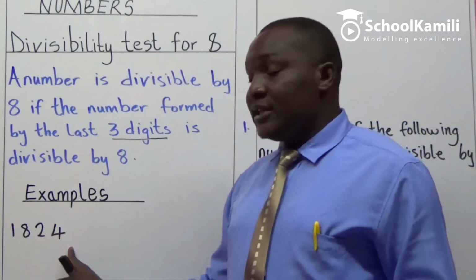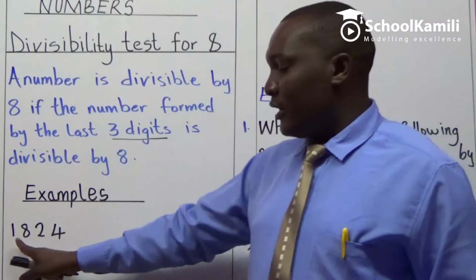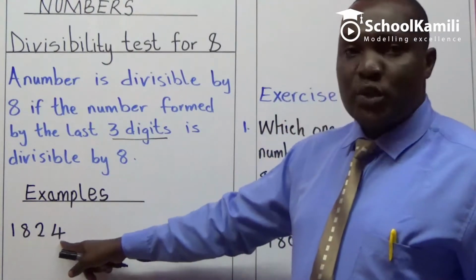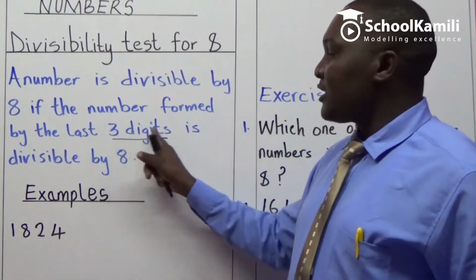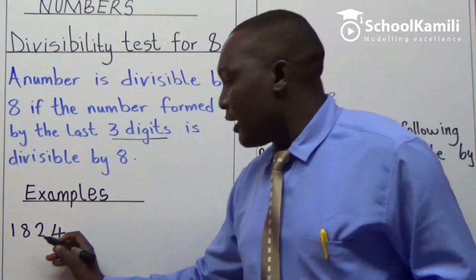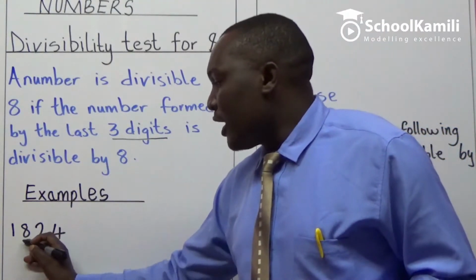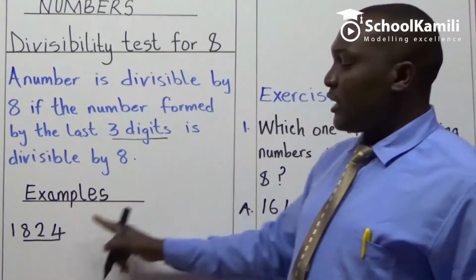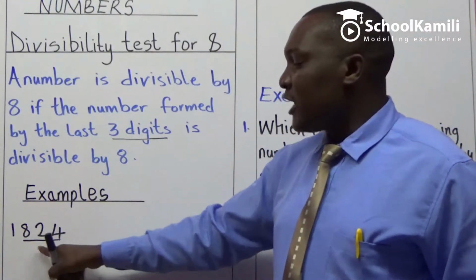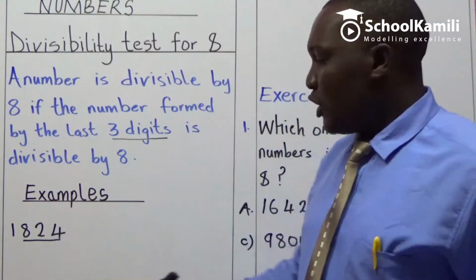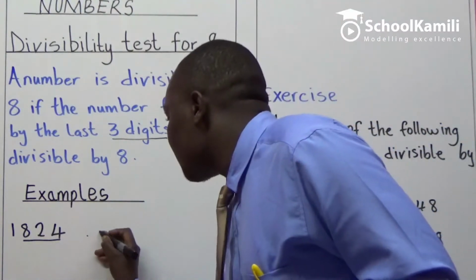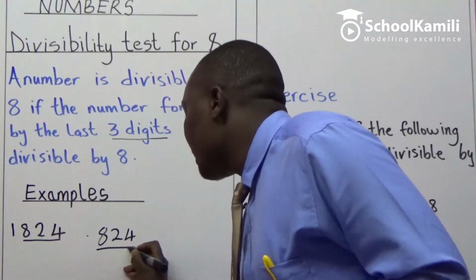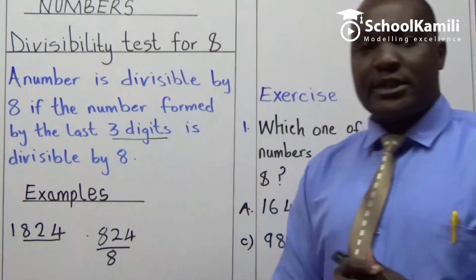The number is 1824, so the last 3 digits are 8, 2, and 4. We take that number, which is now 824, and divide it by 8.